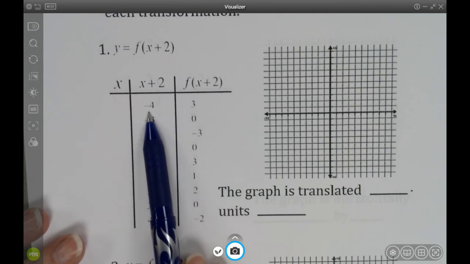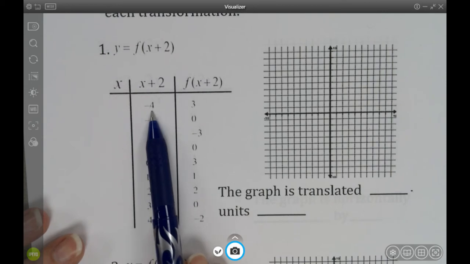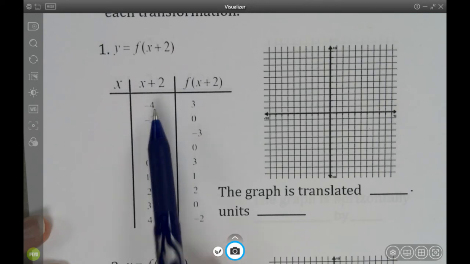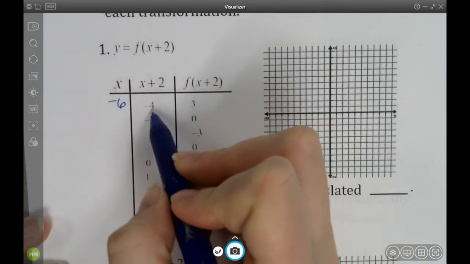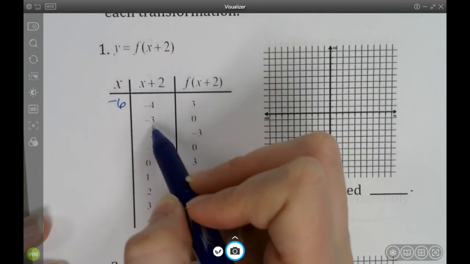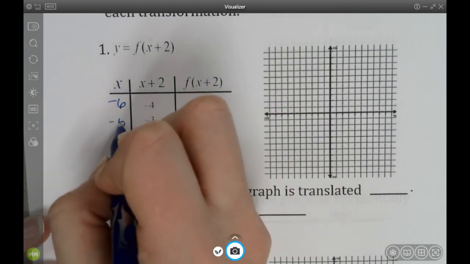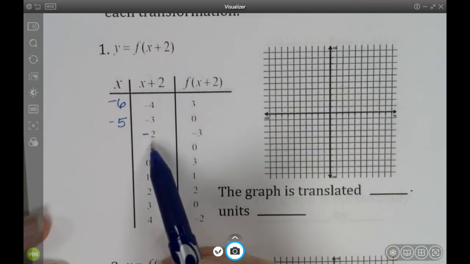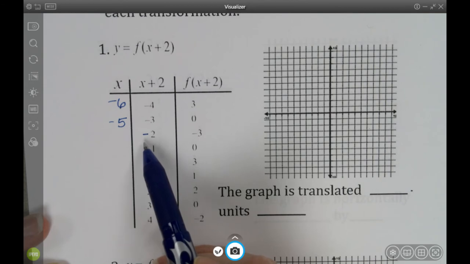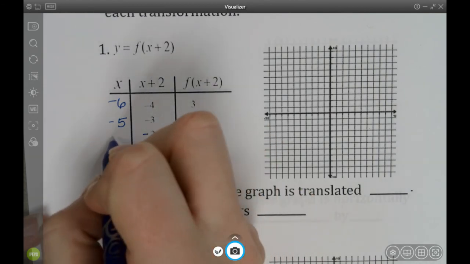So what number +2 is -4? -6. What number +2 is -3? -5. What number +2 is -2? -4.